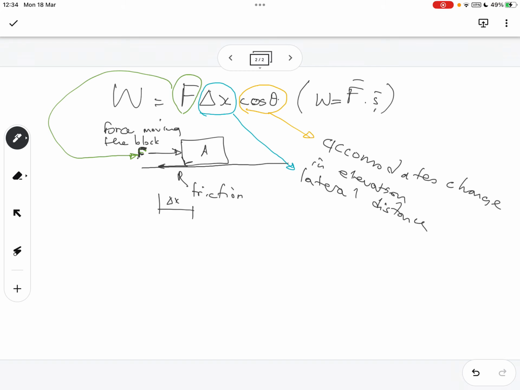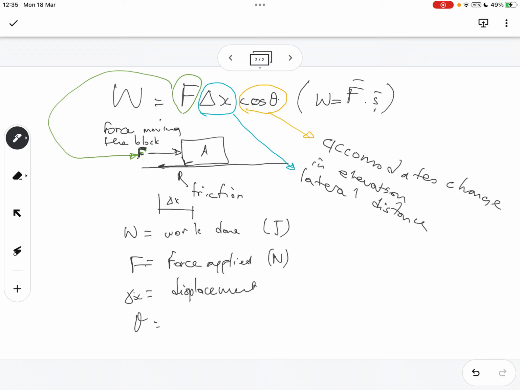Work is measured in joules. F is the force applied, in newtons. Delta x is the displacement, in meters.